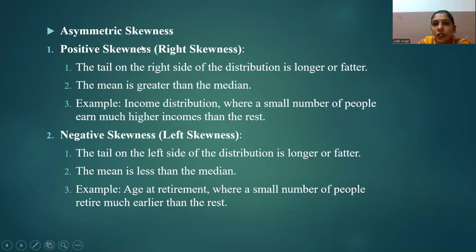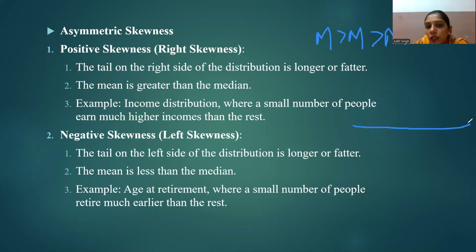Basically, let me explain how it works. In positive skewness, mean is greater than median and median is greater than mode. If we draw the diagram of this positive skew, we can see that it has a long tail.